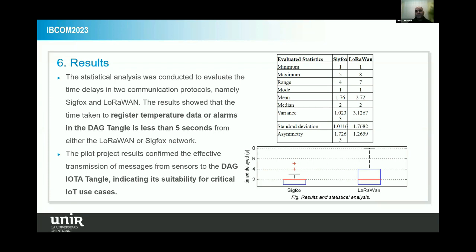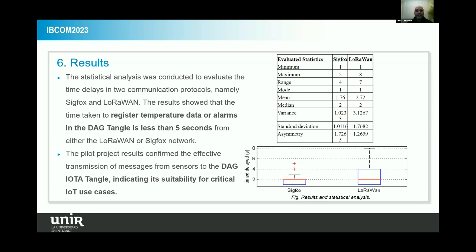The next step is to evaluate satellite connectivity. Of course, when you transport vaccines in big cities, it's very easy to find cellular connectivity, but when you go to Africa or remote areas, it's very difficult to monitor the vaccine using cellular connectivity, because in many cases there is no connectivity.